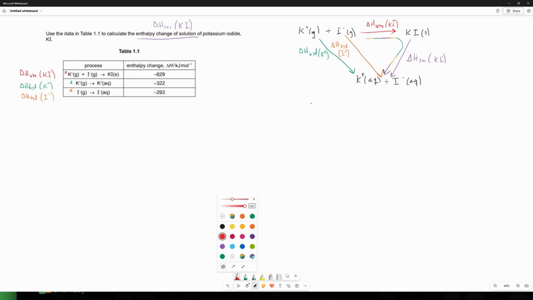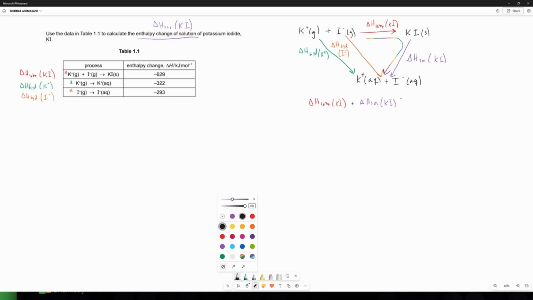So we're going to have delta H lattice of KI plus delta H of solution of KI, which is in purple, is going to be equal to the other side of this path, right?